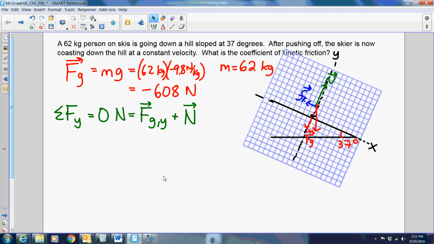That means that if I want to find FGY, okay, that would be this guy right here. Let me grab this vector. So I'm talking about this one right here, okay, that lies adjacent to my 37-degree angle.